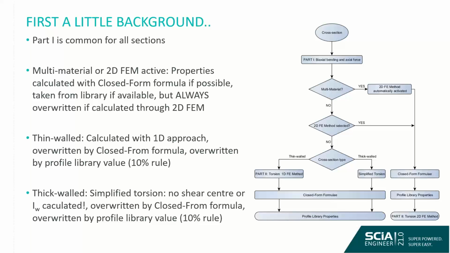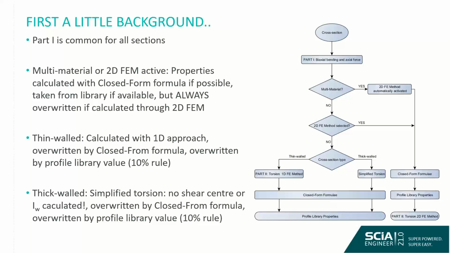So if the profile library value is different by more than 10% from the calculated value, then we will use the calculated value because we will assume that it's most likely that the profile library value is wrong.